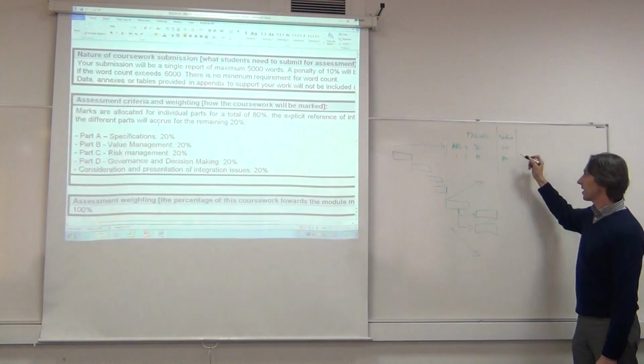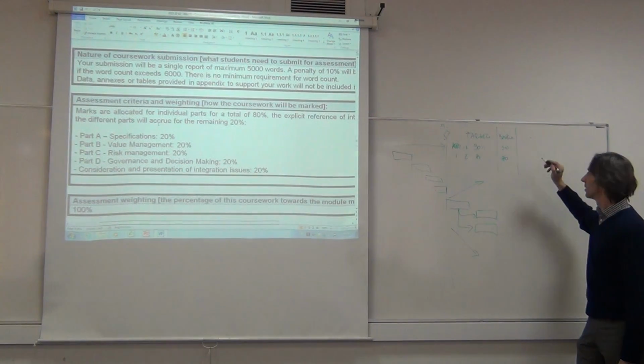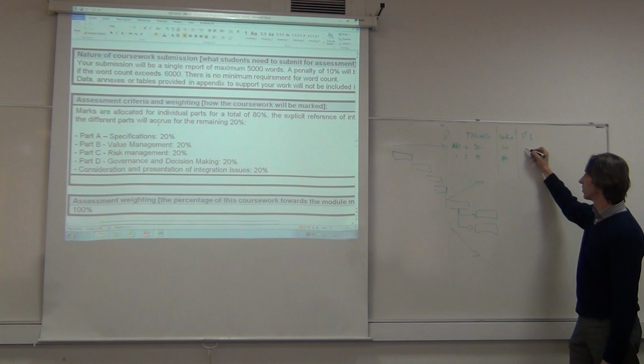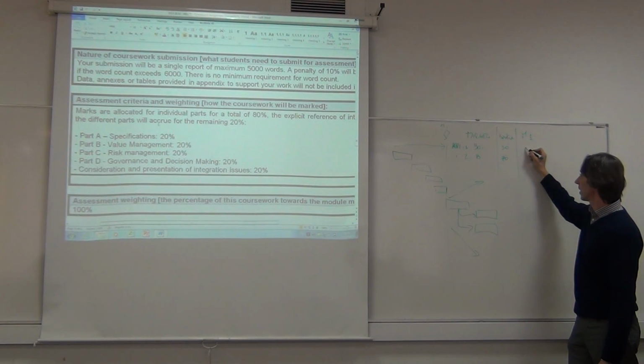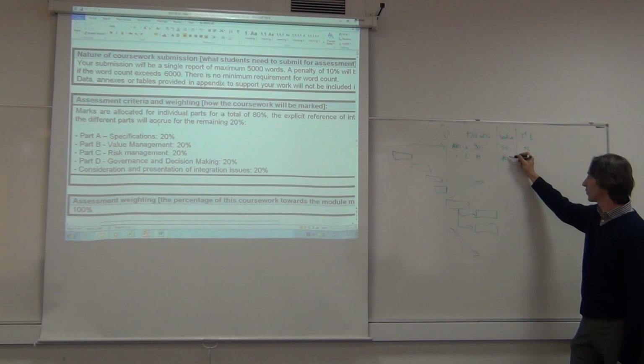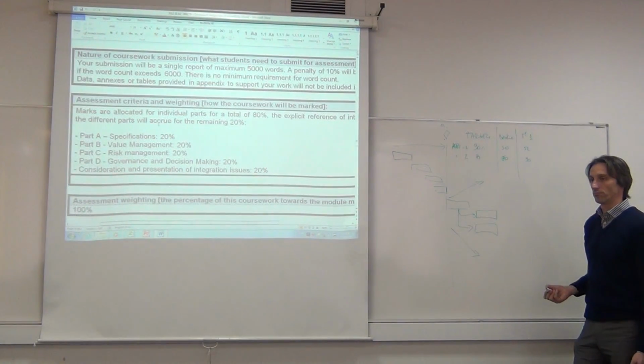So now, at this stage, you have a milestone. So milestone 1, this is now 52. And this one is 90. Okay?